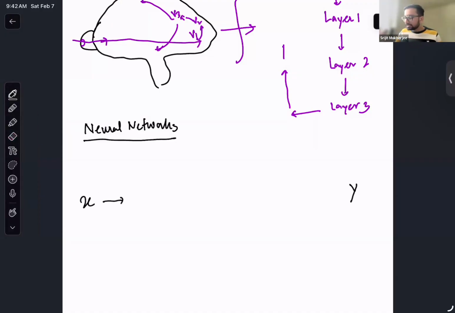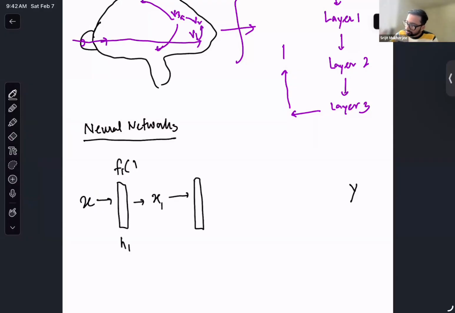So what is done here is through a sequence of steps, a mathematical operation, let's call it F1, we get X1, which is also the hidden layer. So let's understand this. There's a hidden layer, H1, and this is F1. It's doing a function. And then we get X1, the transformed output. Then there's another hidden layer, H2. Because if you do not understand neural networks, you will not understand how exactly it's happening via the neural language modeling. Okay.